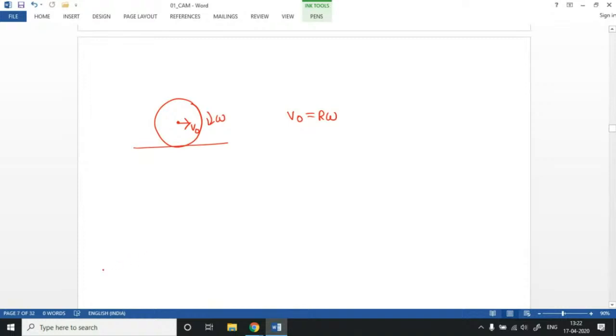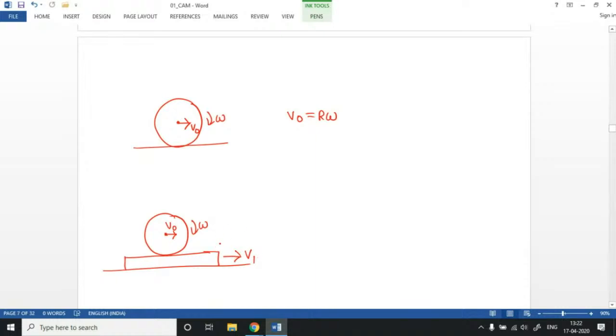So now let's look at this problem a little bit differently. So let's say we have a plank which is moving with velocity, let's say v1, and here we are having this velocity, let's say, as v naught, and this is omega over here. So here what would be the relationship between v1, v naught, and omega?